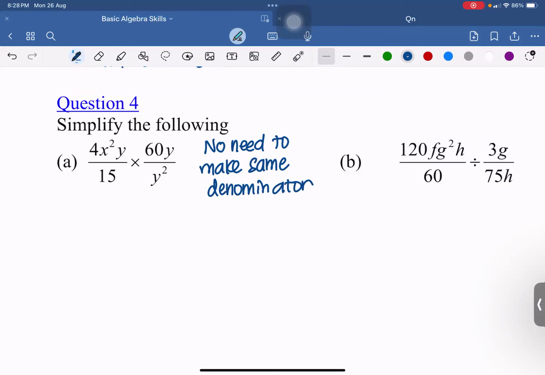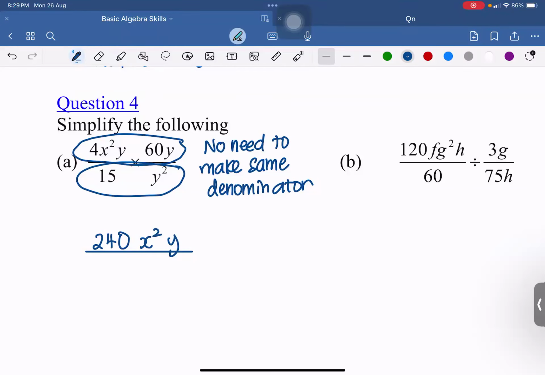So when we don't need to do that, we multiply numerator with numerator, denominator with denominator. So 4 times 60 gives you, you'll have to help me. Any more? What else? x squared y squared. Thank you.